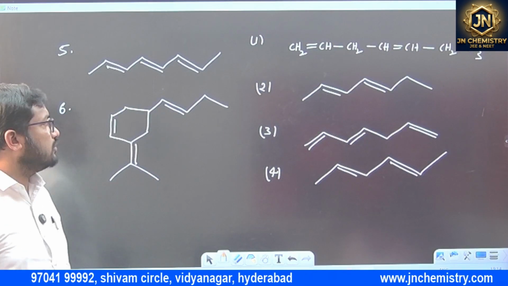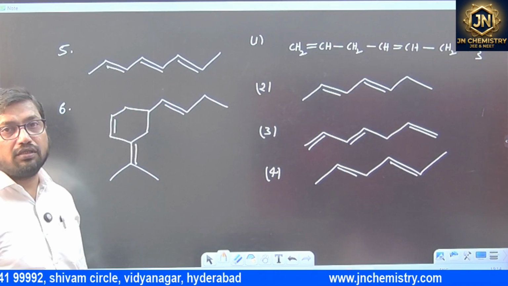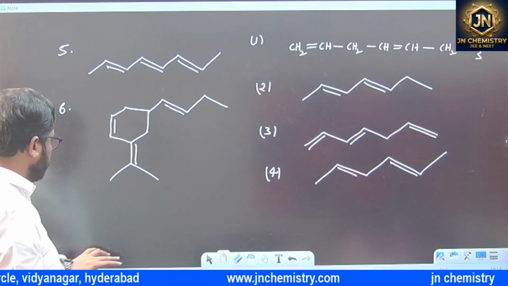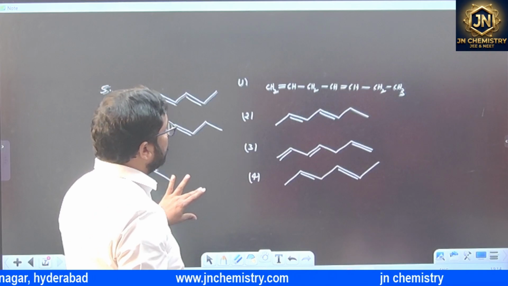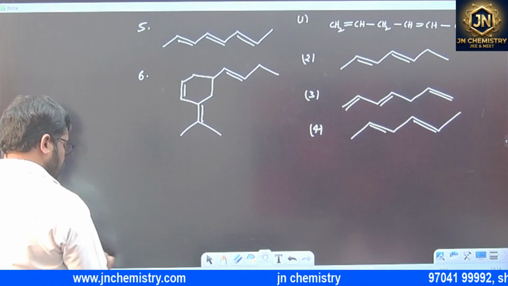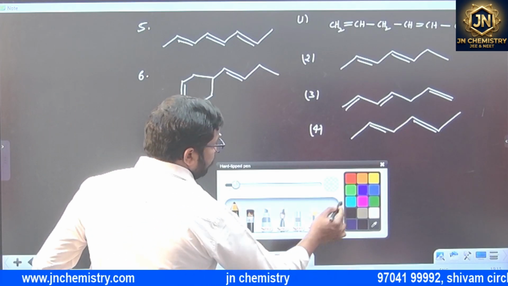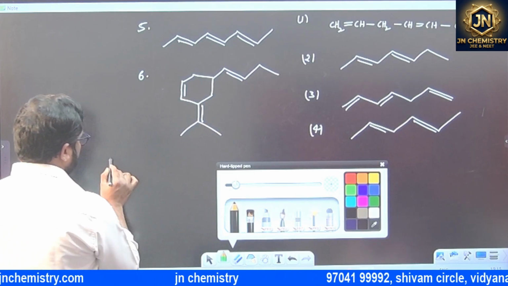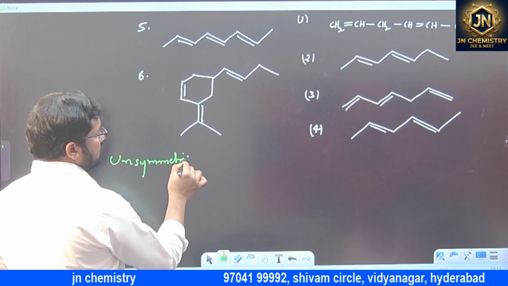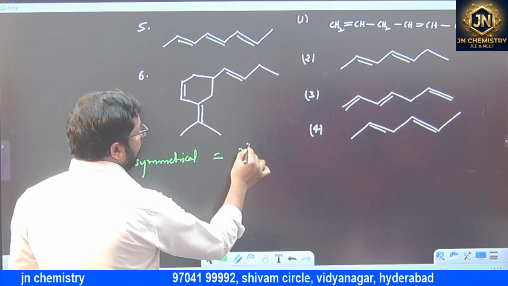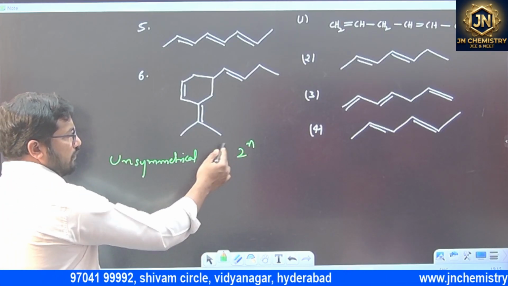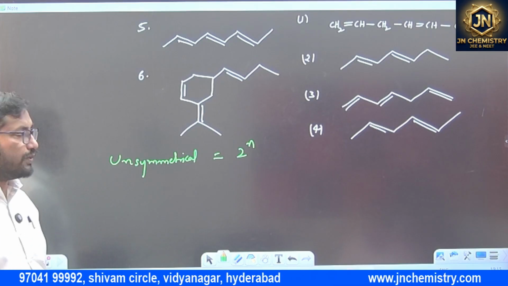First, to solve these questions, we need to know the formulas. For the unsymmetrical case, which formula do we have to use? 2 power n, where n means the number of double bonds which are showing the geometrical isomerism.